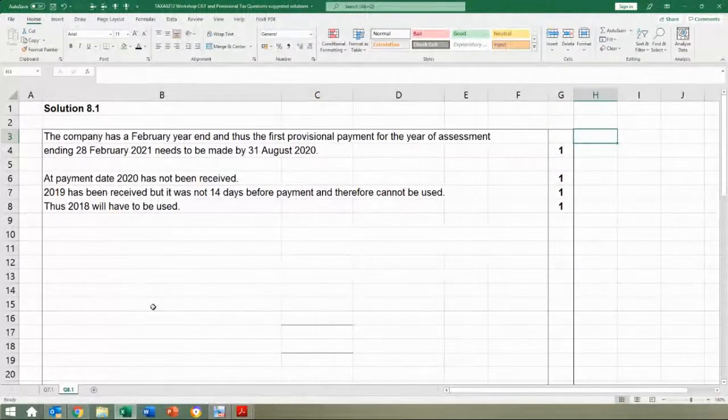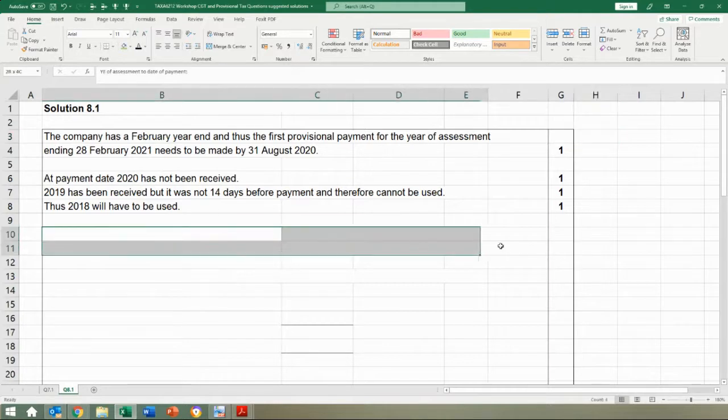So the 2019 has been received, but it's not 14 days before the payment date, so therefore we can't use it. That is one of the basic rules for the first provisional tax payment. So for that reason, we now have to use the 2018 tax return. But if that is older than 12 months as well as 18 months from our year end, we now have to adjust with 8% per annum.